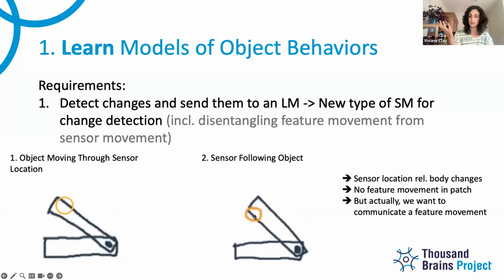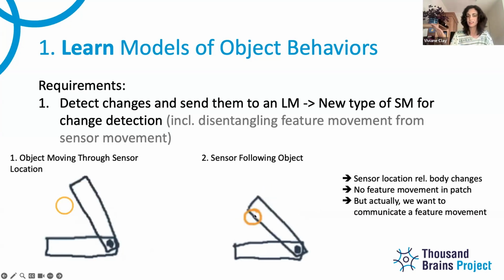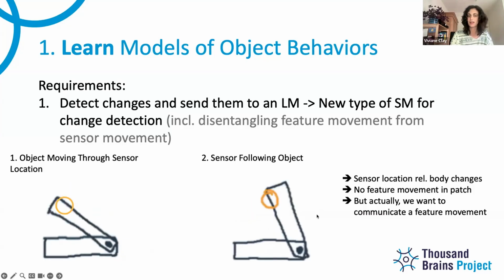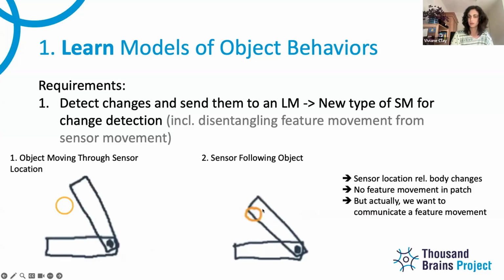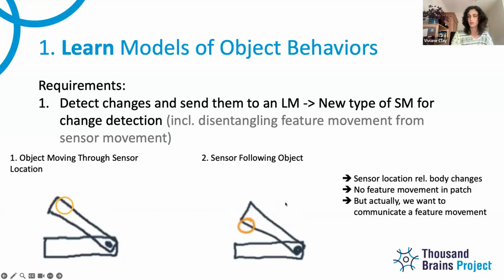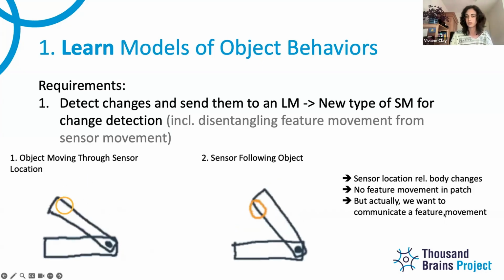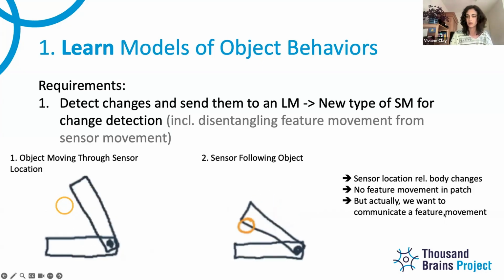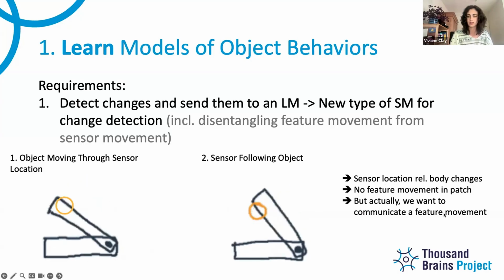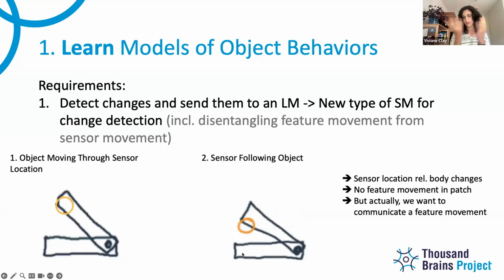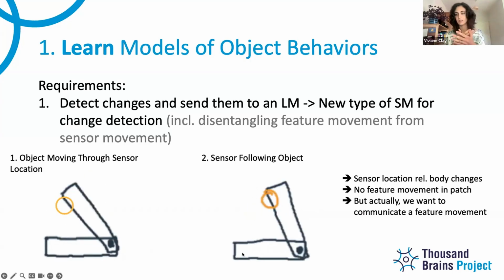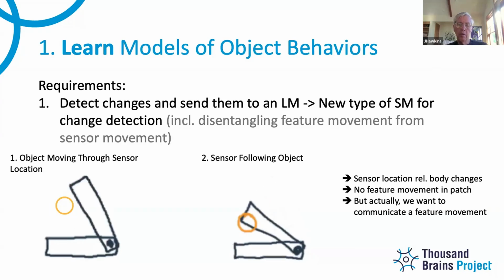But in reality, what we want to communicate to the learning module is that the feature is moving in the world, not just that the sensor is moving and the feature remains static. So we might need to figure out some kind of mechanism to calculate how the sensor is moving versus how the features are moving. Maybe it may not be a problem.